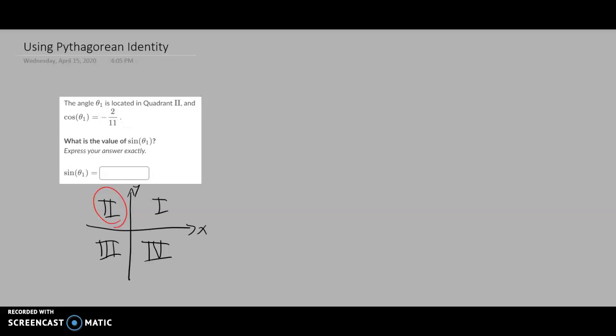So let's go ahead and write our Pythagorean identity out. So the Pythagorean identity is that sine squared of theta plus cosine squared of theta is equal to 1. All right, that's our standard Pythagorean identity. Remember, there's two others. I'll write them really quickly.